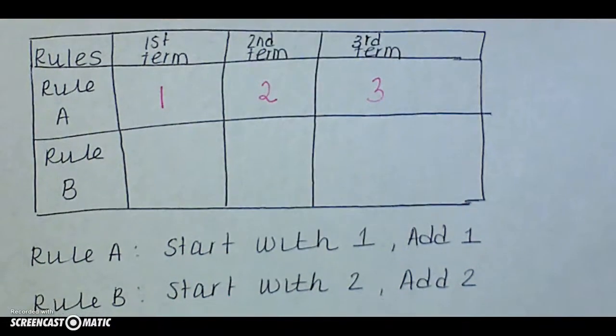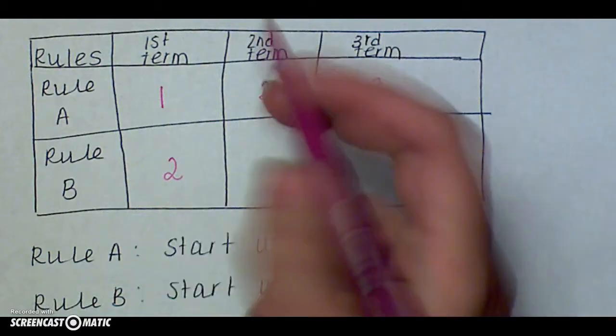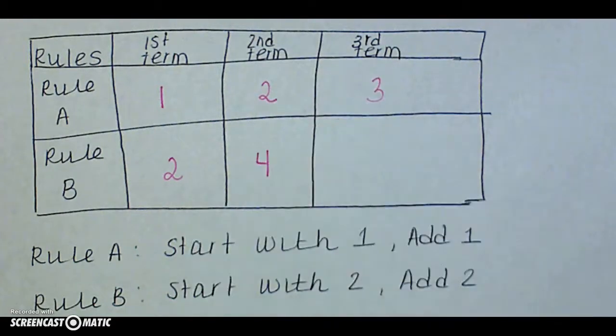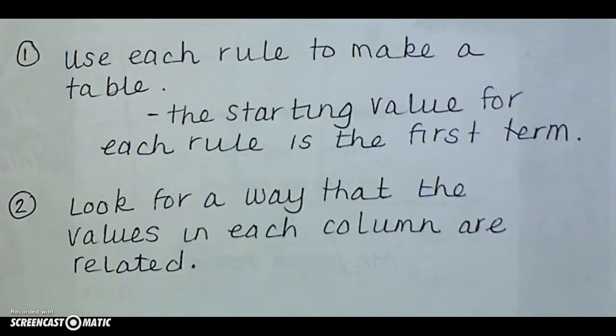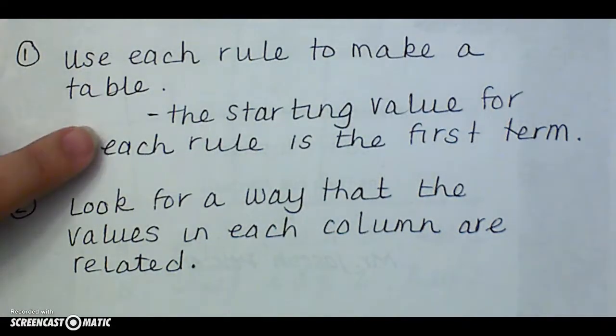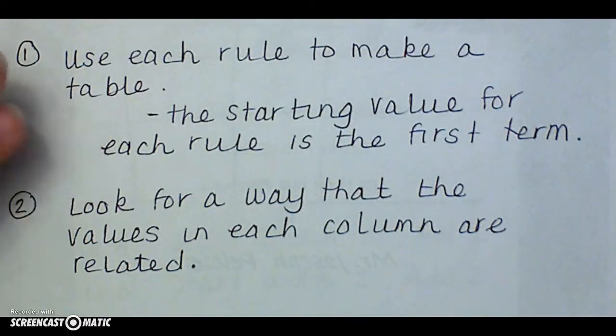Rule B, it says to start with 2. So I'm going to start with 2 and then add 2. So 2 plus 2 more is 4, and 4 plus 2 is 6. So to review, we used each rule to make a table, and we knew that the starting value for each rule is the first term. So we figured out our table.